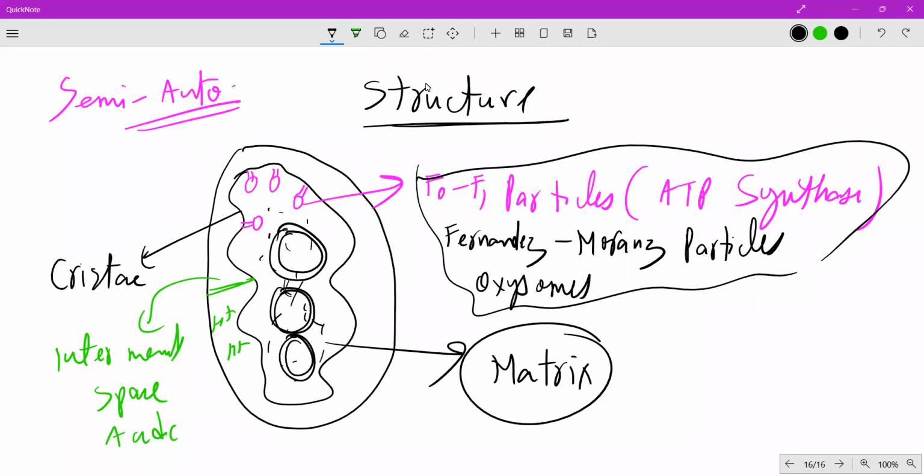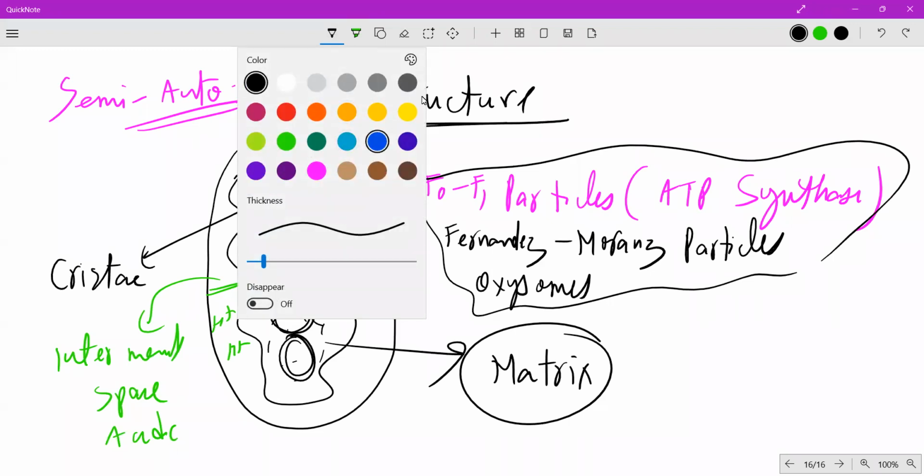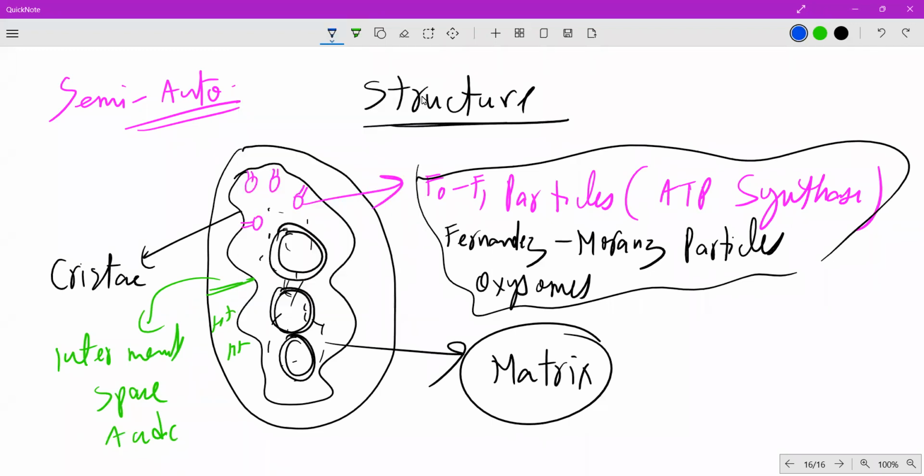Now the question is, does mitochondria have ribosomes? Yes. We know mitochondria evolved from a prokaryotic cell. We have the endosymbiotic theory.